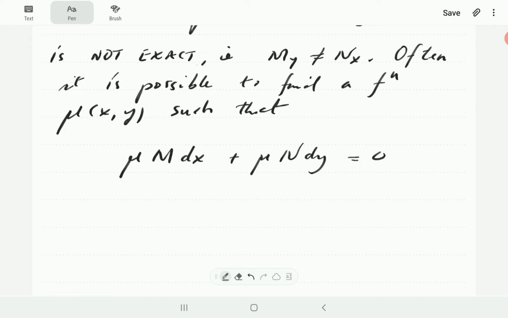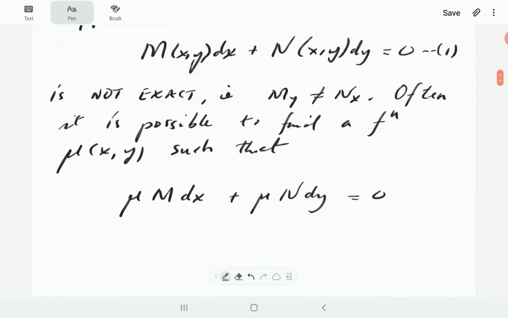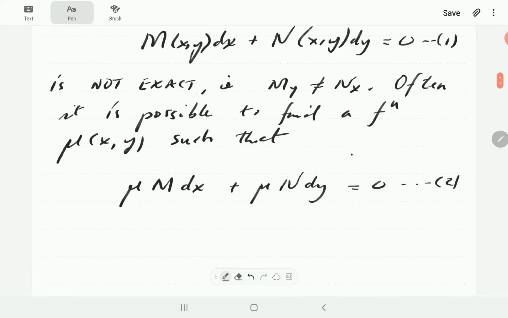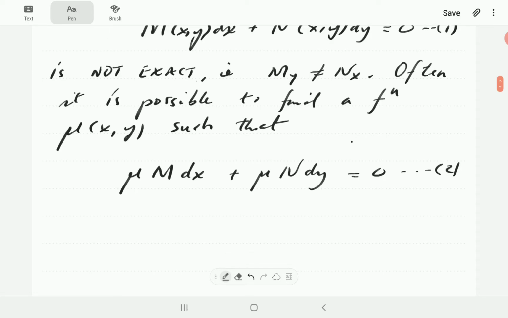So when we multiply 1 by mu, we get equation 2, but equation 2 is an exact ODE. So it is possible to find a function mu such that this new equation is exact.